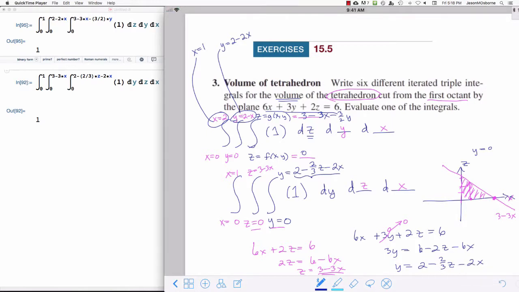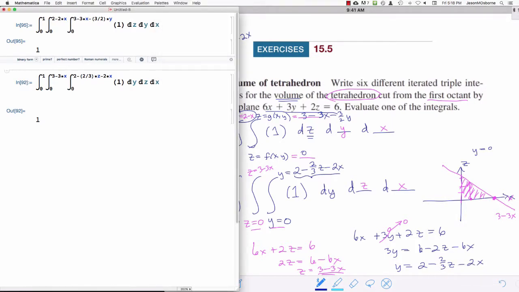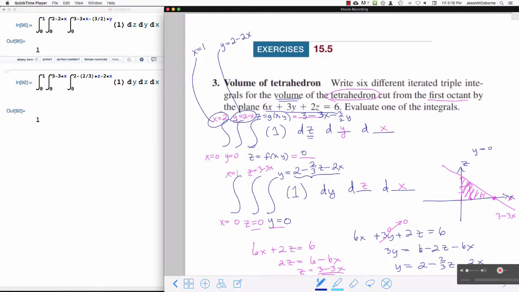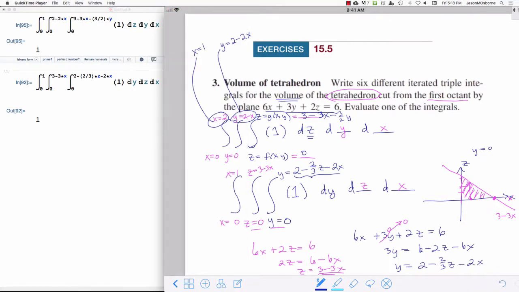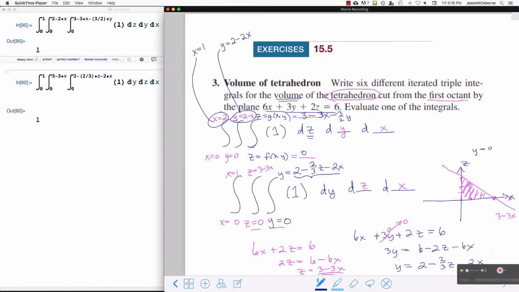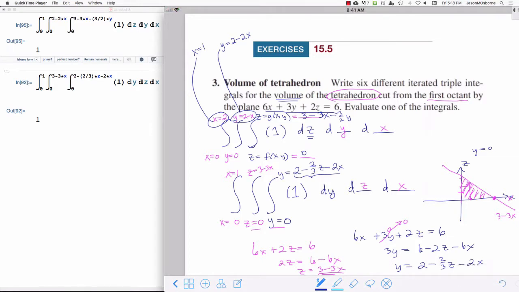And if you put 2 minus 2x and 1 into there, you get 1 for both of the integrals. Okay, so that is the resolution, and I will leave you to set up the other 4 iterated triple integrals to compute the volume of the tetrahedron.